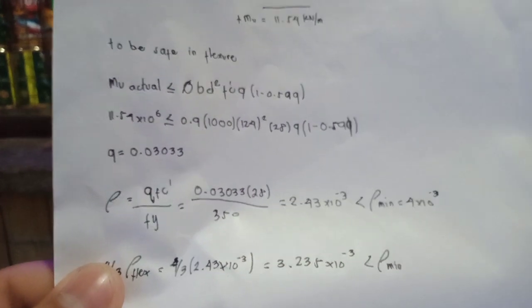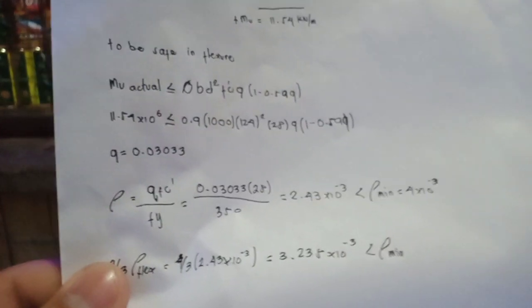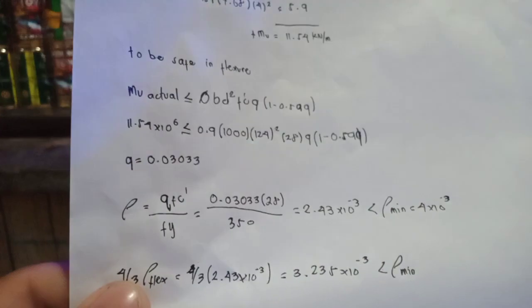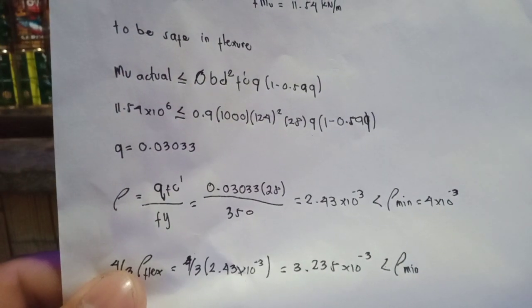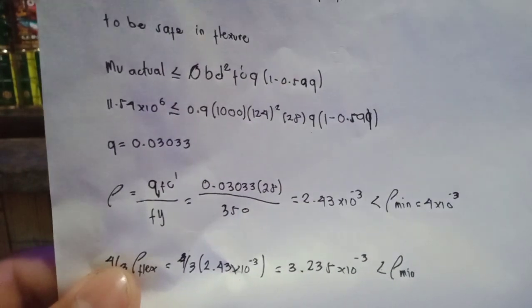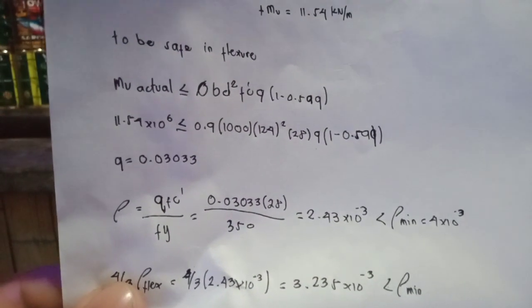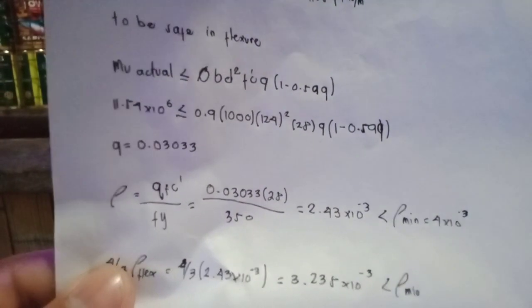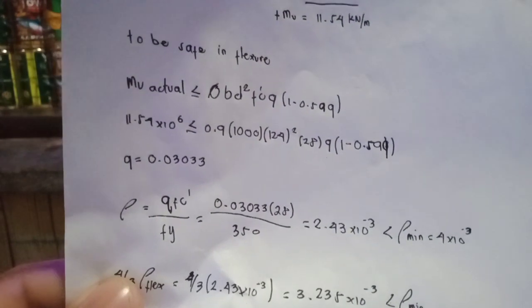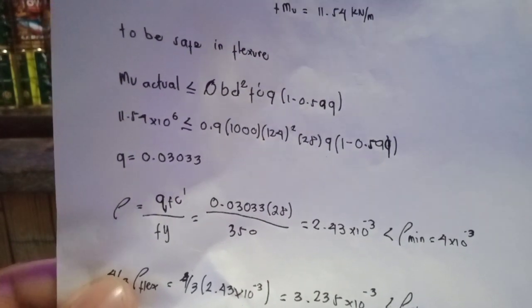So our rho is from the formula rho equals q fc prime over fy. So we have a value of q, so we can solve for our rho. Substitute the value of q, fc prime and fy. So q is 0.03033 times 28 over 350.